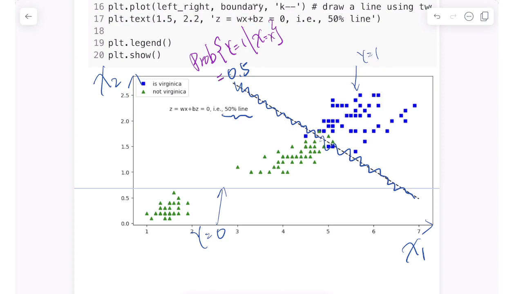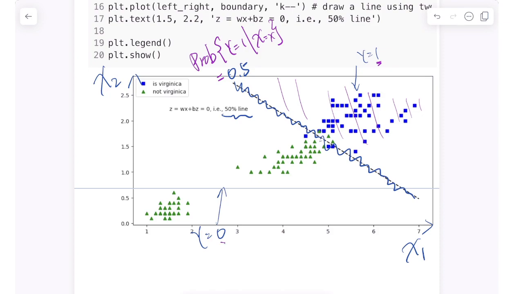The important thing is that if you can find this line where the probability equals 0.5, we can divide the entire feature space into two subspaces. All the data points that fall into this subspace have a classification result of y equals 1, and the other side is y equals 0.